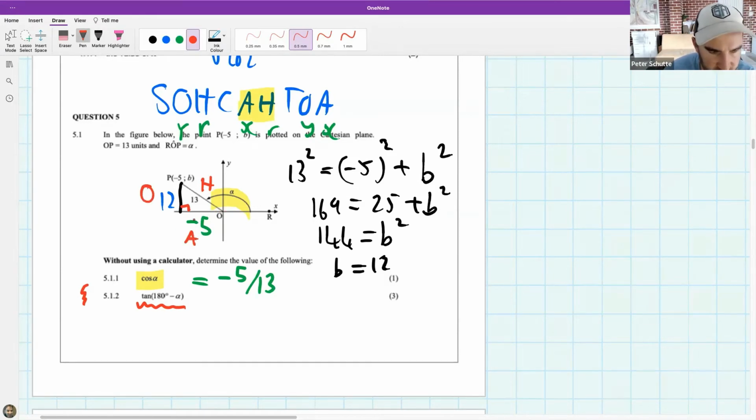So A is on the x-axis, the adjacent is on the x-axis. So essentially what I have is the Y is the O. And so because cos is A over H, on my drawing, cos should just be minus 5 for the x-axis and then 13 for the hypotenuse.